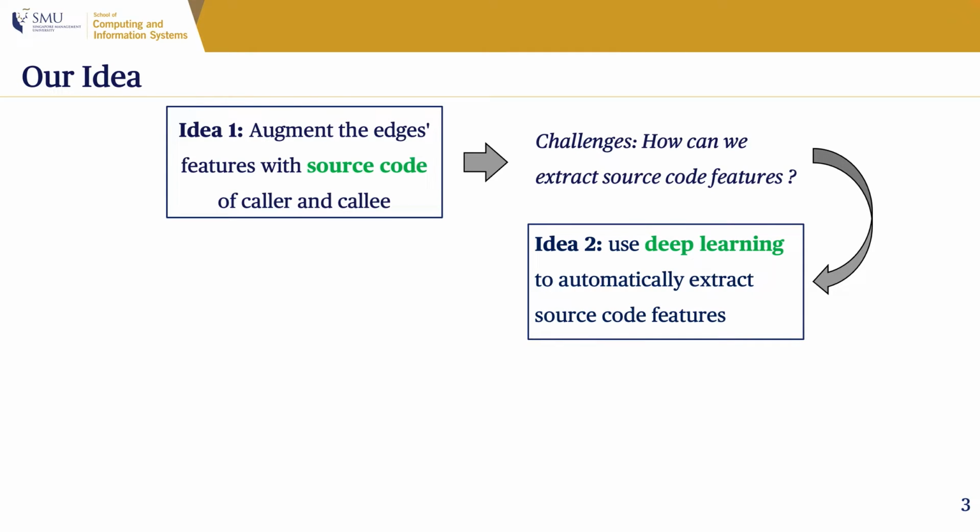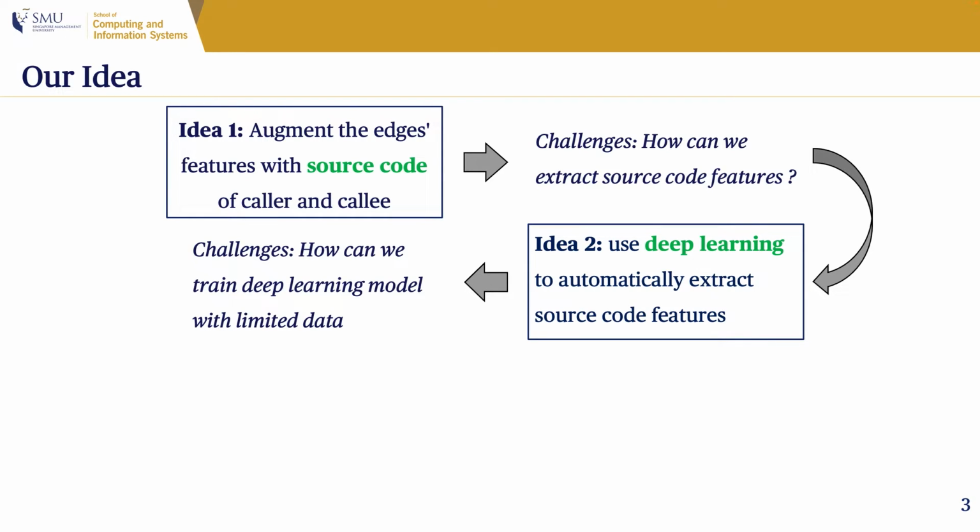To address this challenge, we propose to use deep learning, which has emerged as a powerful feature extractor for text-based documents such as source code, to automatically extract the semantic features. However, deep learning usually requires a lot of training data. Meanwhile, our problem only has limited data, with the biggest available dataset being 200 programs.